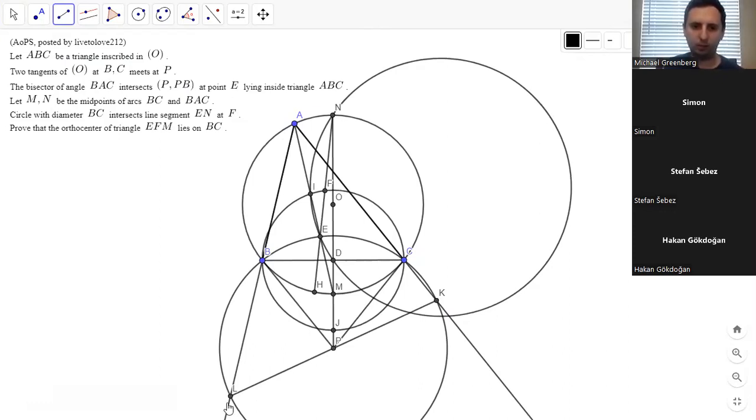So maybe that could help. Is M the orthocenter? No. So the antipode of A is the orthocenter of this triangle. I don't know if that's helpful for this problem though.